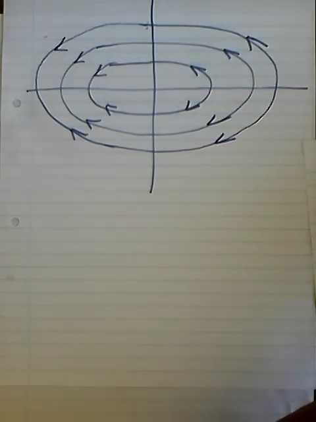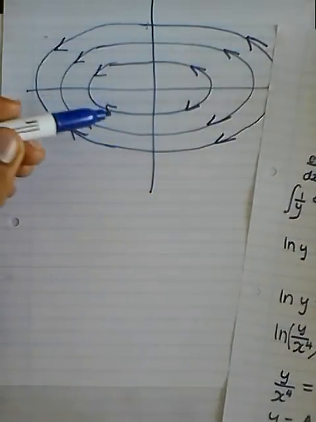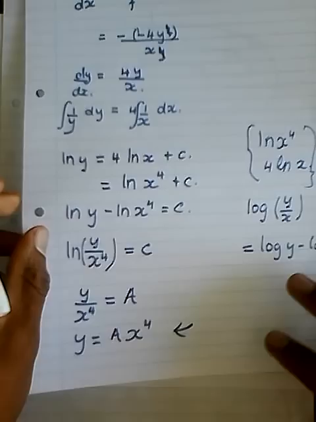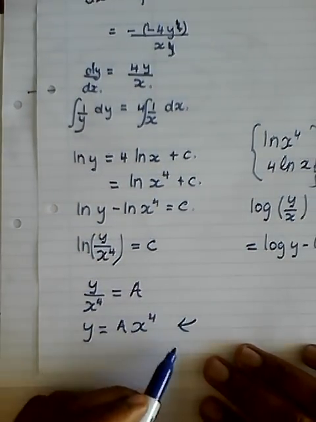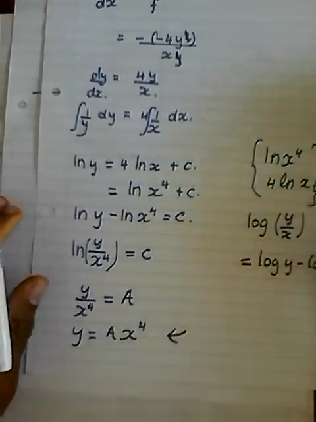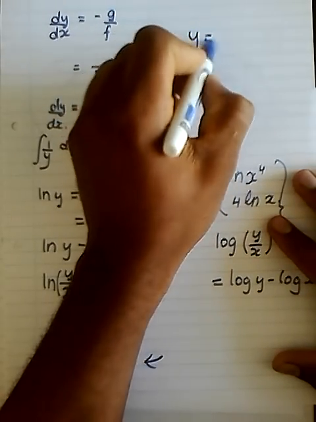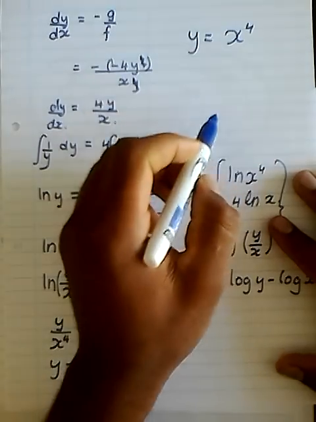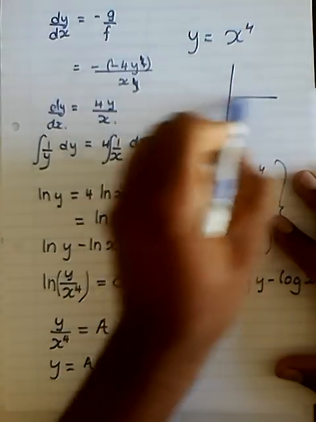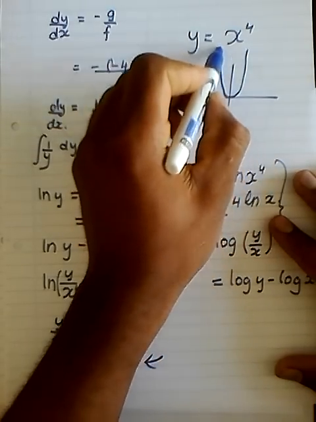Now we have to draw the orthogonal trajectory, because we were told to draw the actual trajectory and the orthogonal trajectory on the same set of axes. And doing that, we know that we have ax to the 4, and we know that the graph of y equals x to the 4 is such that it is like this.